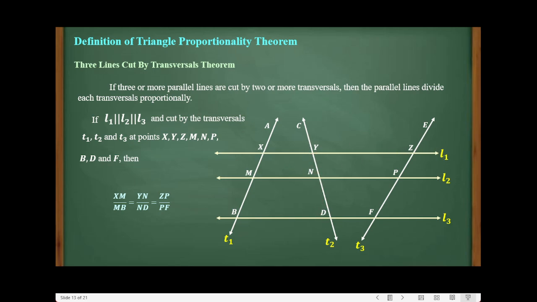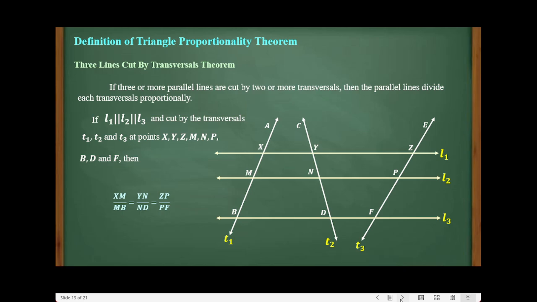That is YN over ND, which is also equal to ZP over PF. So this is the equivalent mathematical statement for this verbal statement, which is the three lines cut by transversals theorem.